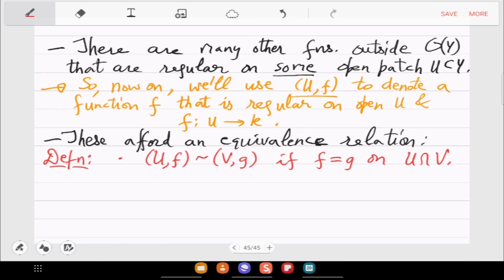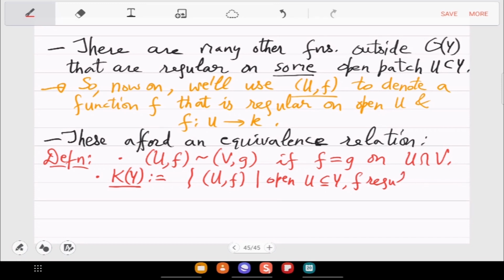And once you have this equivalence relation, you now have a brand new object which we call K_Y. K_Y is the set of all the (U, f) such that U is open and f is regular, and you mod out by the equivalence relation.